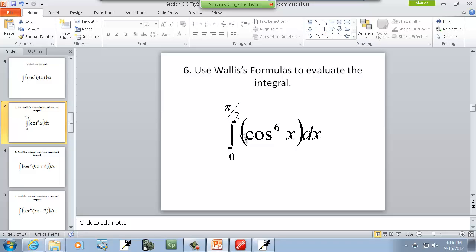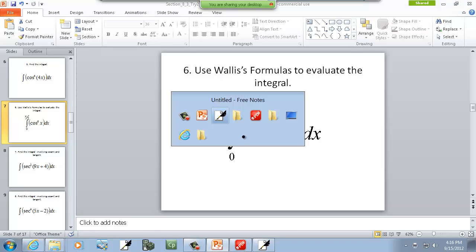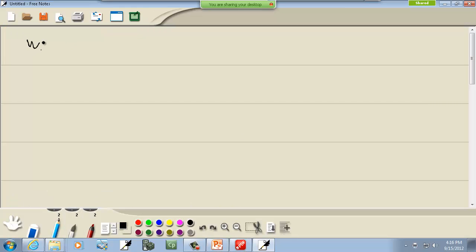Now this is Wallace's formula. And I'm going to look it up here. I don't got this one memorized. So let me write down Wallace's formula.